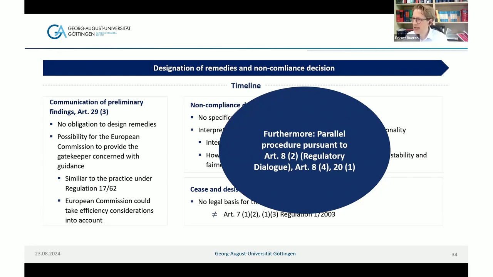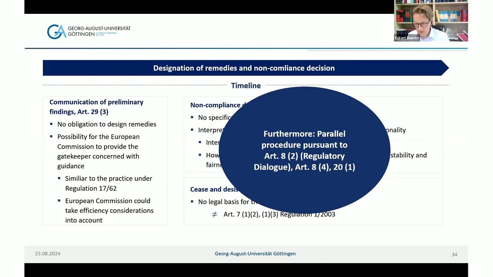It's called regulatory dialogue, which is partly a historical reason why Article 8.2 is called this, but actually what Article 8.2 is about is that the Commission may adopt and implement an act specifying the measures that the gatekeeper concerned is to implement in order to effectively comply with the obligations laid down in Article 6 and 7. So there's supposed to be some dialogue, but in the end, the Commission can unilaterally impose acts on the gatekeeper.